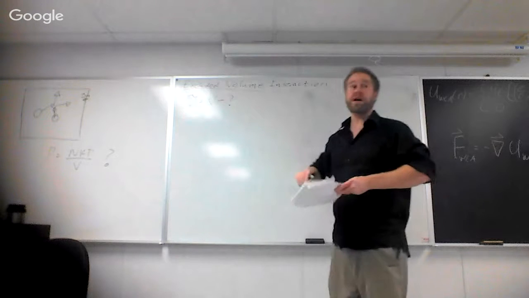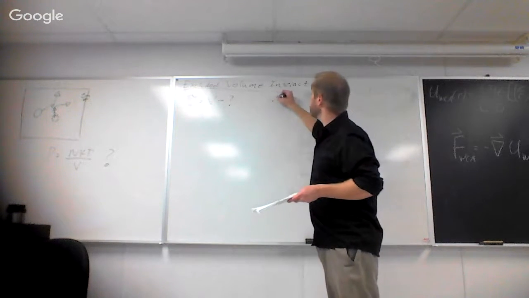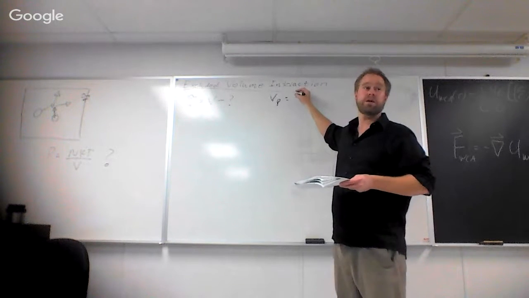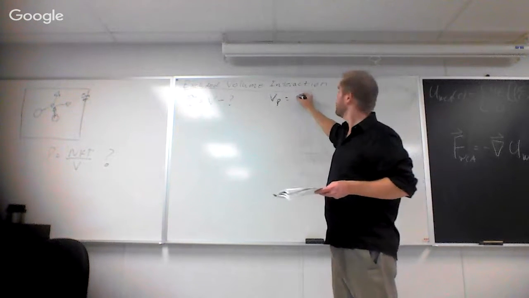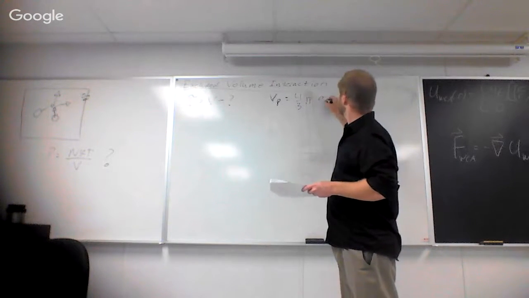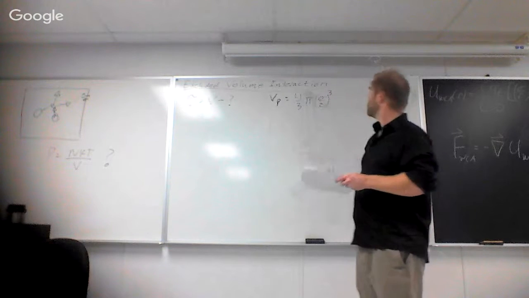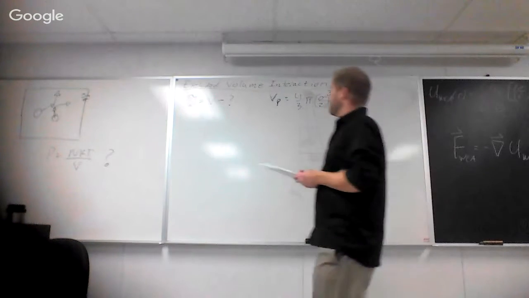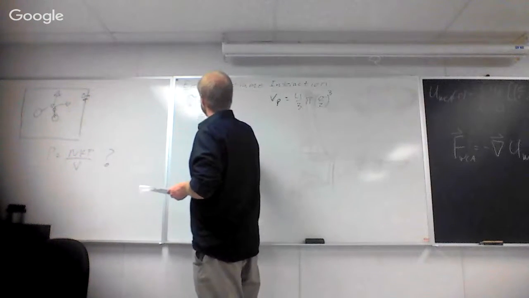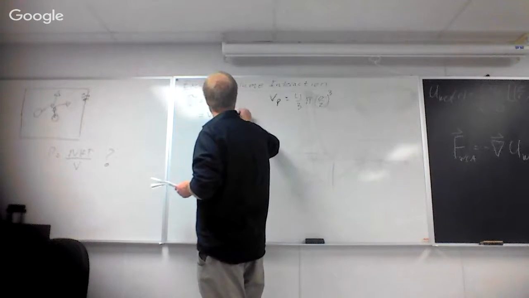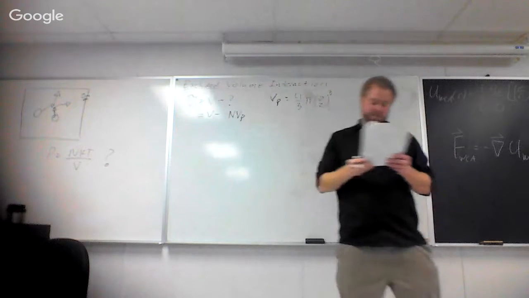Let's figure out what that term is. Well, the volume of a particle, what's the volume of a sphere? And so r is sigma over 2, right? Sigma is the diameter. And so what we would be tempted to write in here is V minus N times this V_P, the volume of the particle.